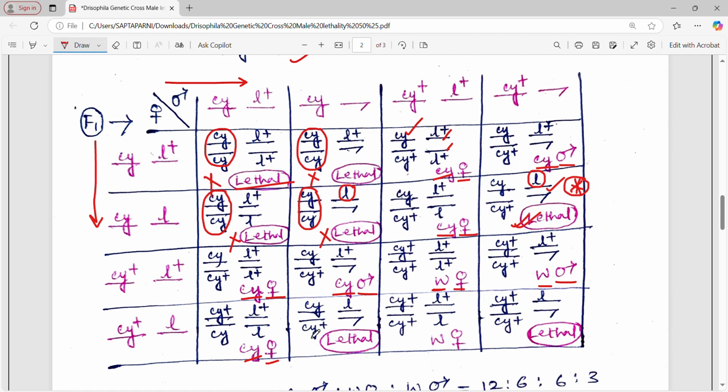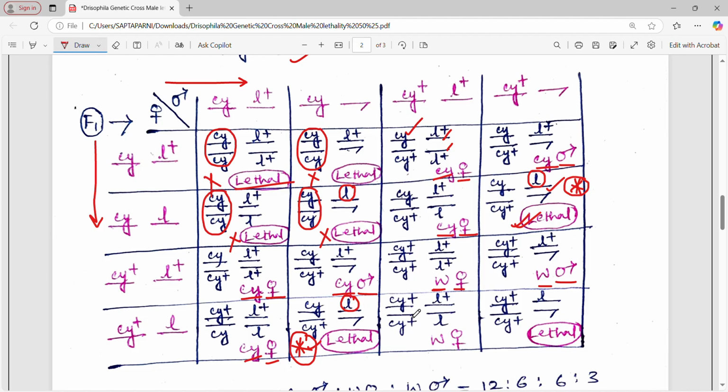CY plus with 1 X chromosome which has the L allele, the lethal allele, and another one is Y chromosome. So it is also lethal due to presence of the lethal allele on the X chromosome of the male. Okay, got it? So here also the male is dead due to presence of lethal allele.